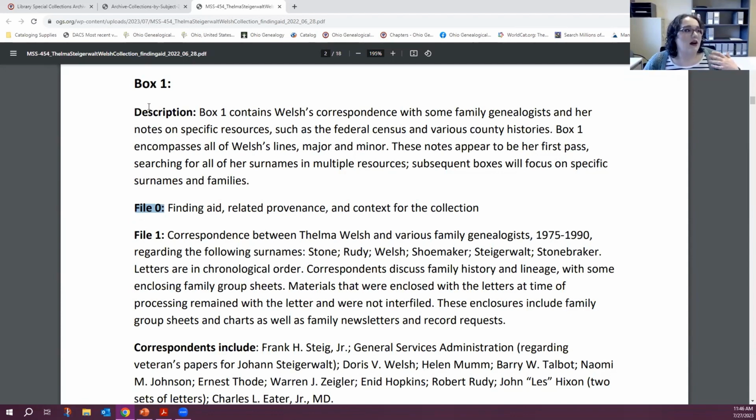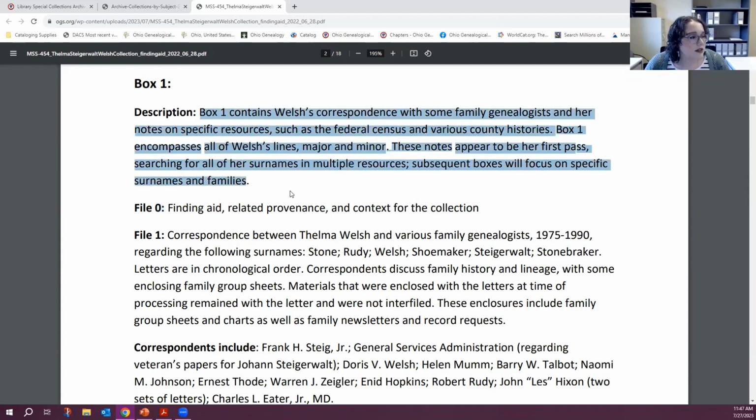So if a box has a specific theme, not all boxes do, but if a box does have a specific theme to it, that will be noted in the description here. So this first box is predominantly her beginning research. It contains all her lines and all of her notes on the census and county histories and things like that.